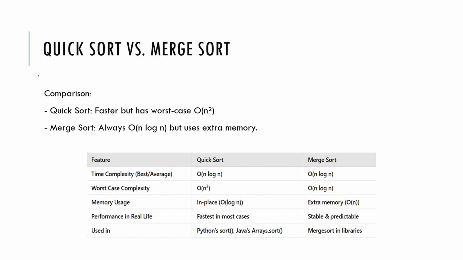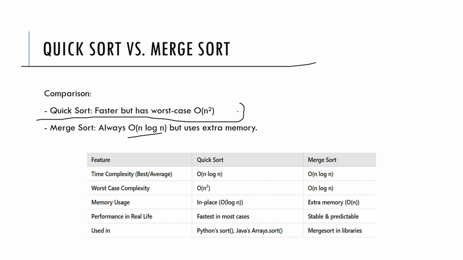We have a quick comparison of quicksort versus merge sort. Merge sort is used often. It always has O(n log n), but uses extra memory, while quicksort is faster but has a worst case. The time complexity of quicksort and merge sort is the same, but the worst case complexity is better for merge sort.